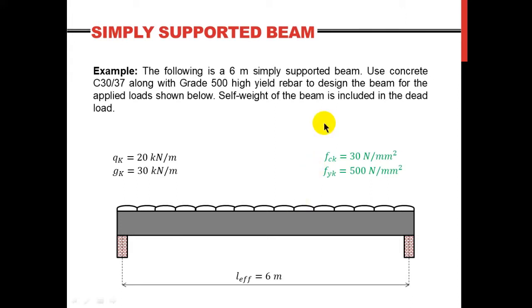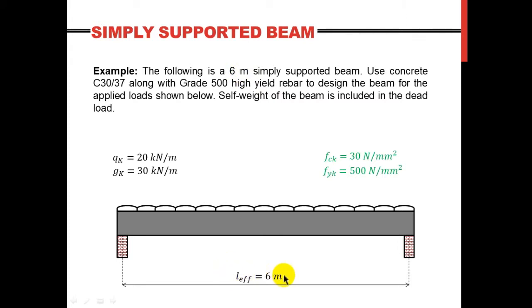So the example here, this is a design example, and it doesn't really give you much. This is probably all you need. The load on the beam, that's the live load and the dead load. And we have the materials, so this is the grade of concrete and this is the grade of steel.